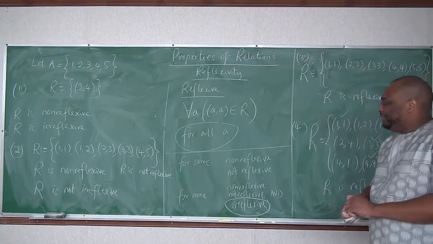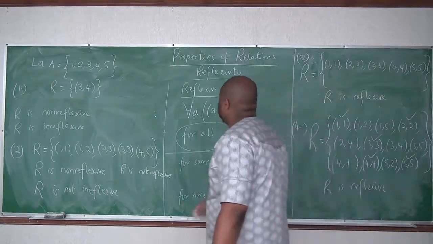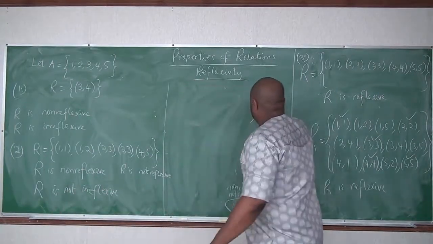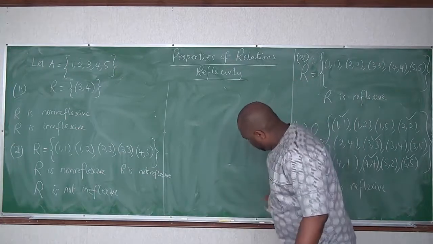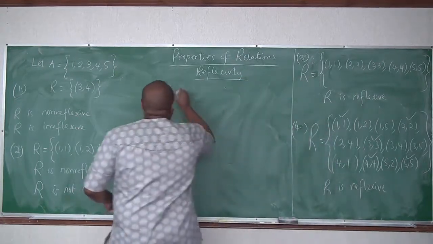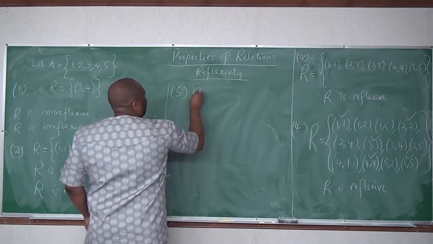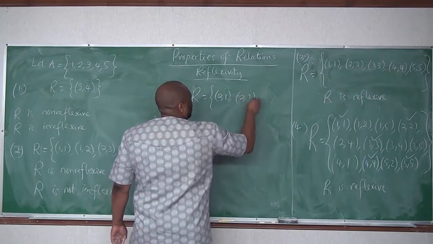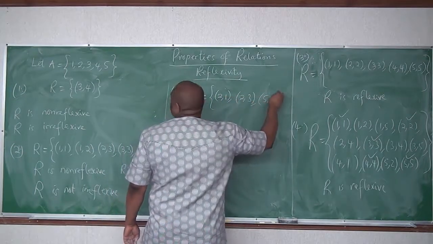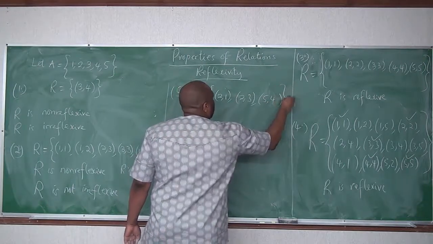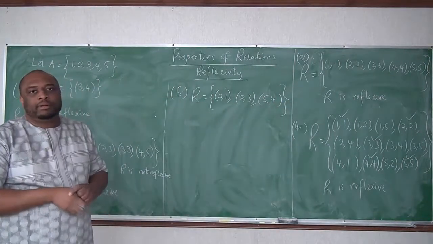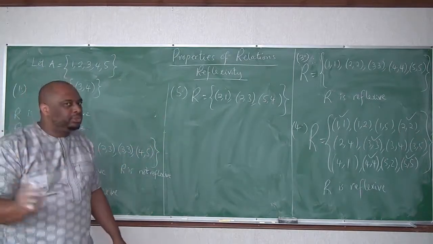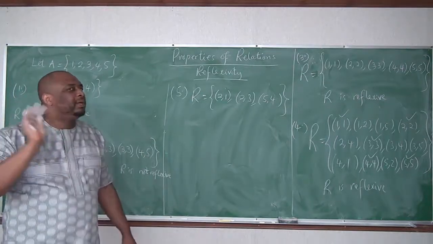Now let's do another one, just to make sure you understand it. And then we can do the matrix representation. Now number 5, what if you have the relation to be 2, 1, 2, 3, 5, 4? Here, we don't see 1, 1, 2, 2, 3, 3, 4, 4, or 5, 5.